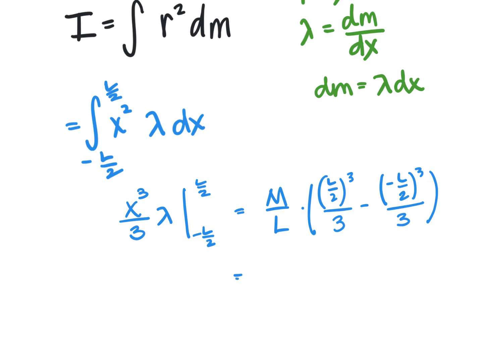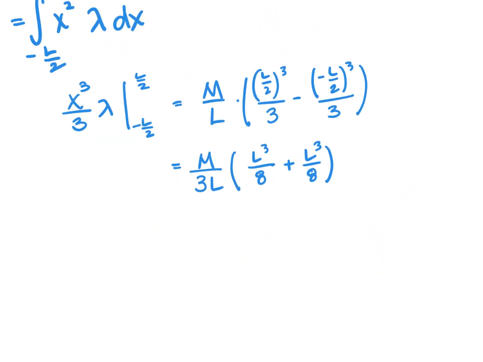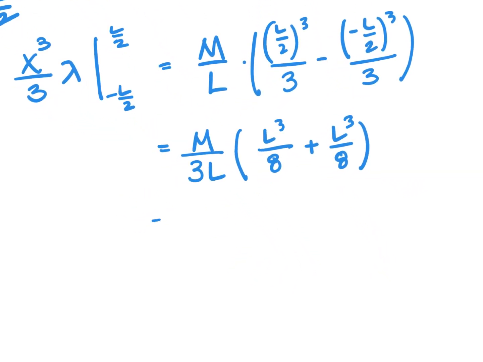So then we can say mass divided by 3L, which I brought out, and then I'll have L cubed over 8 plus L cubed over 8. So that gives me 2L cubed over 8 inside the parentheses.